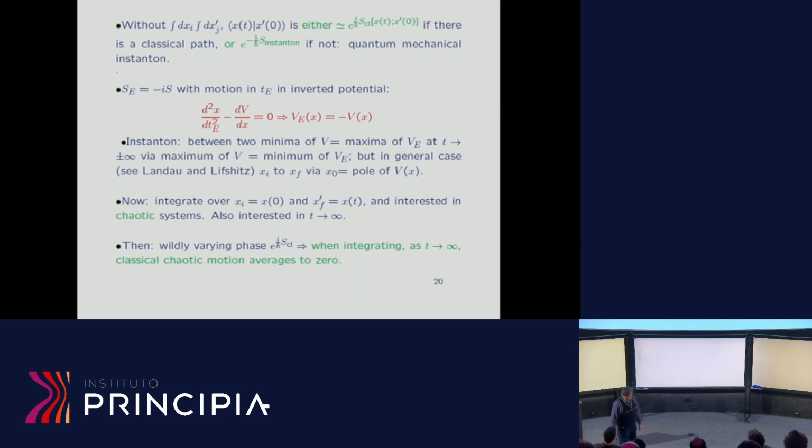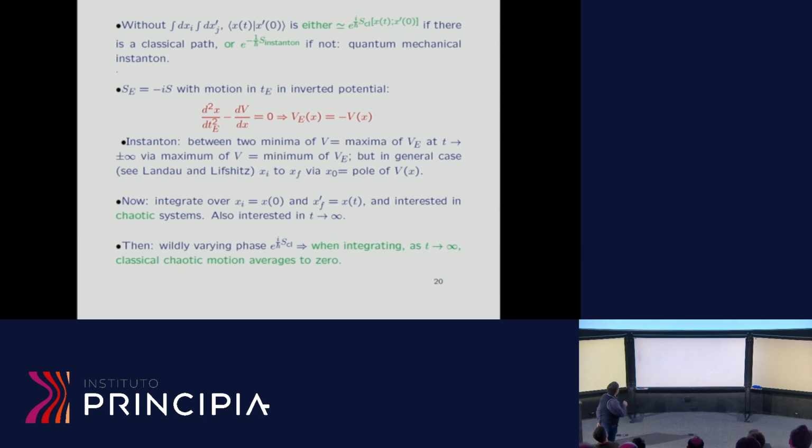If all these things are done, then I will have this wildly varying phase e to the i S classical. And when integrating it, for the classical chaotic motion, the phase should average to 0. So certainly for some initial and final positions, there's a classical path.